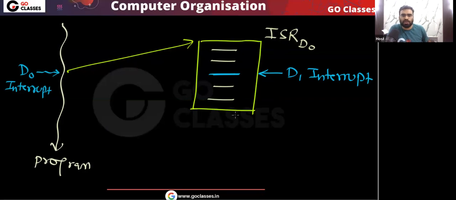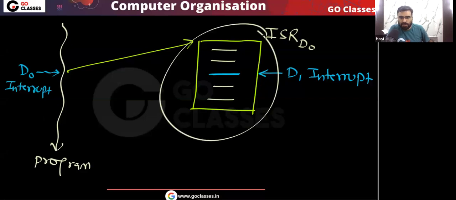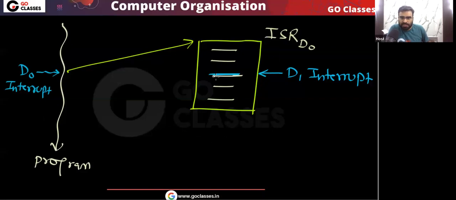Let me tell you what the solutions are. The first solution is very simple. At this instruction, an interrupt has come from device D1. Then no problem, the CPU will just go to the ISR of D1. Is this clear? During the execution of the ISR of D0, at this instruction, let's assume the interrupt of D1 has come.